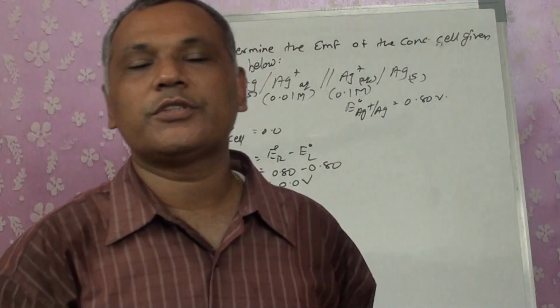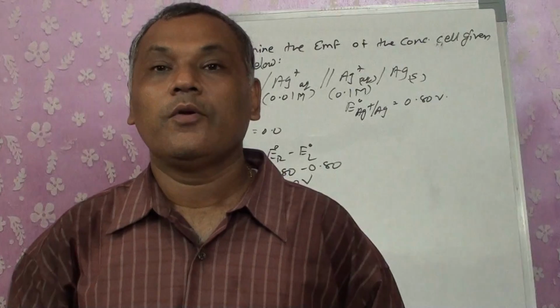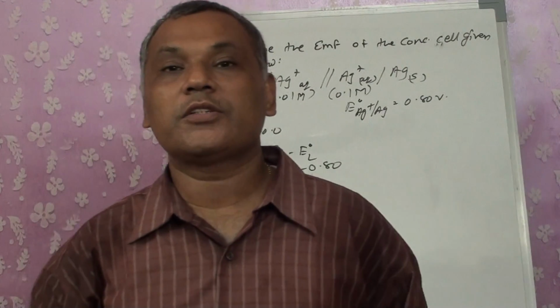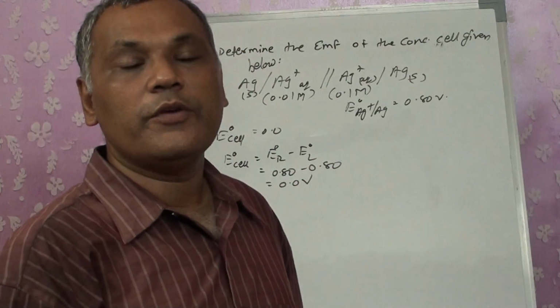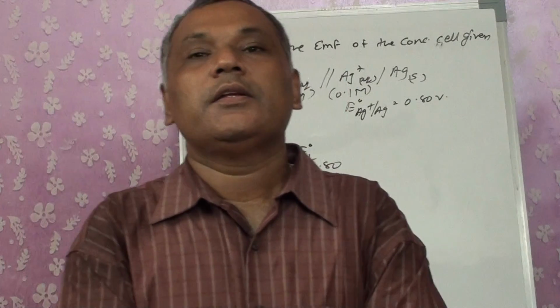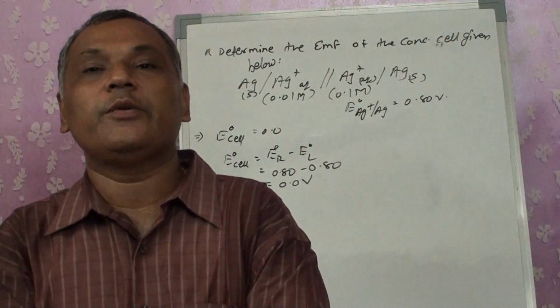This is one of the questions that we get as an objective question: at what condition will E naught cell be 0 if the given cell is a concentration cell? Similarly, under what condition will the cell potential become 0?